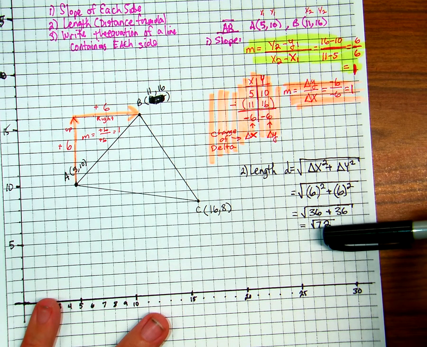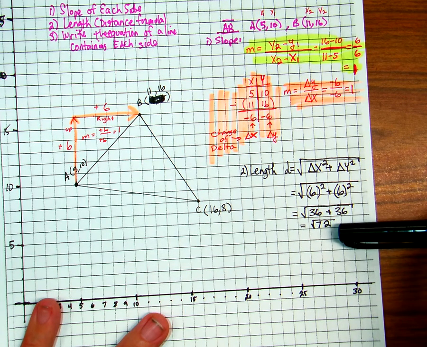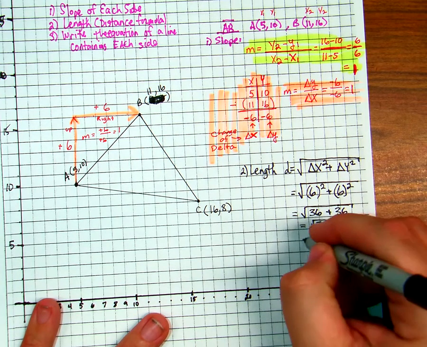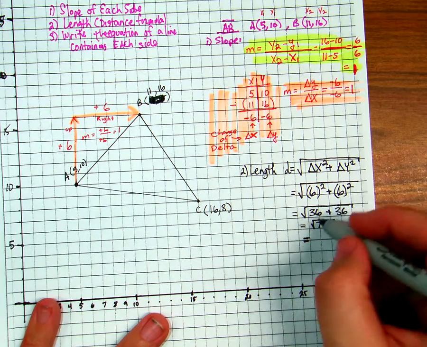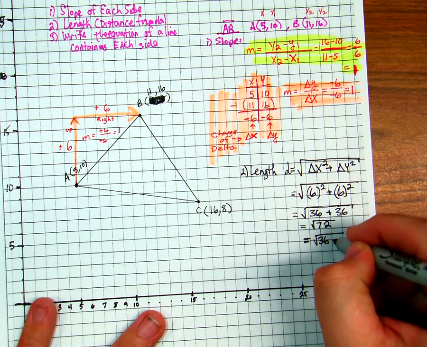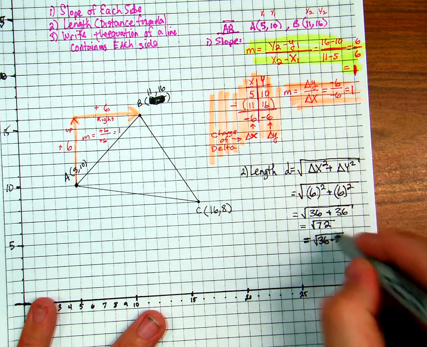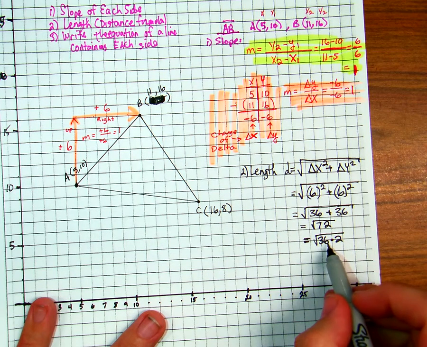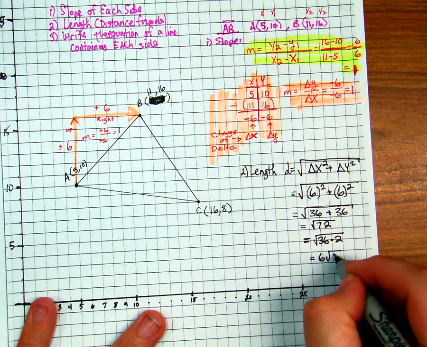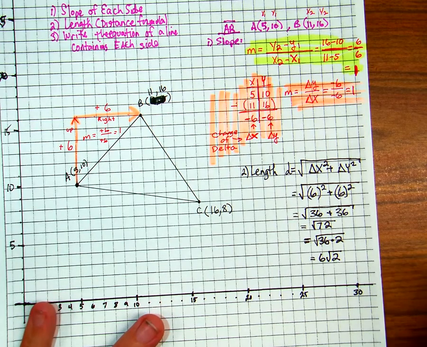So you're between 8 squared and 9 squared. So you could also think of this as 36 times 2. Now what's the square root of 36? So it's 6 times the square root of 2. And then you could use a calculator to figure that one out.